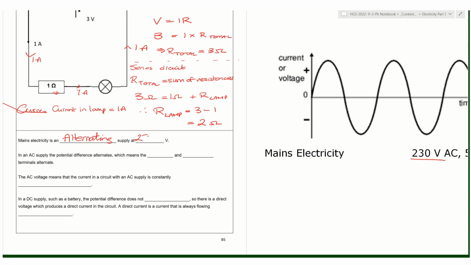So something like a battery might be 3 volts. The mains electricity is 230 volts, which is what makes it so dangerous. If we're talking about the current in this circuit, if I'm using mains electricity, we call that alternating current, or AC, and we can say that the potential difference alternates, so it's alternating potential difference.